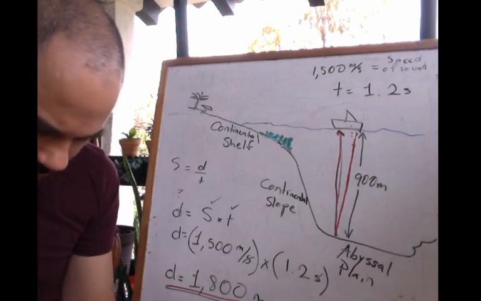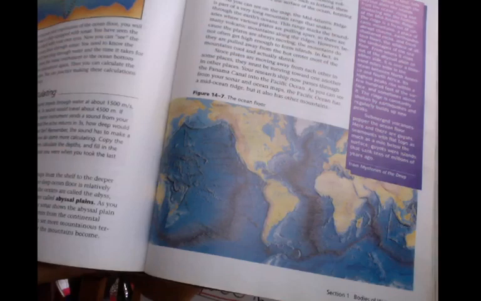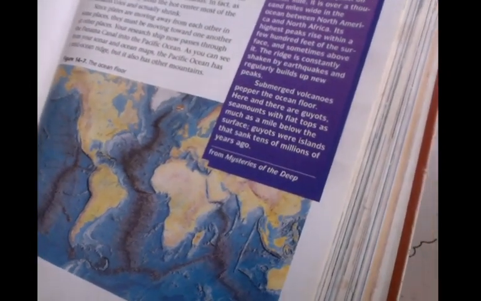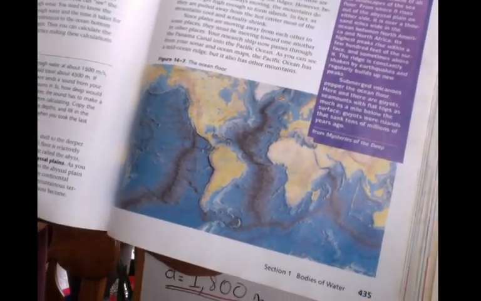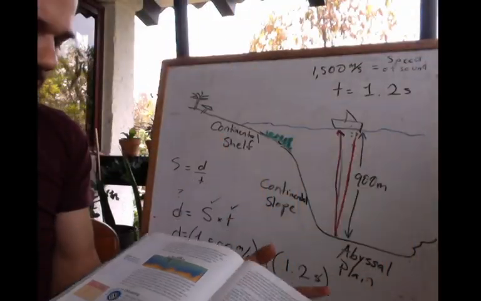Now, what other things do we have? Well, here's a very nice sonar photography made of the bottom of the ocean. We can see the trenches in the mid-Atlantic ridge. We can actually see the tectonic plates. If we look at the ocean floor, we are looking at the boundaries of the tectonic plates, people.